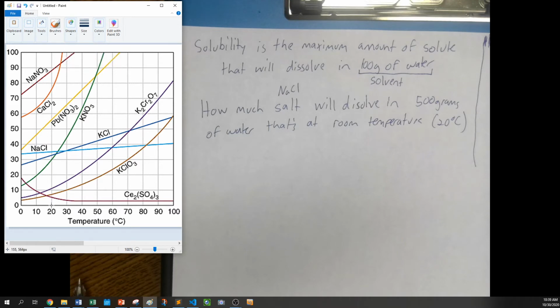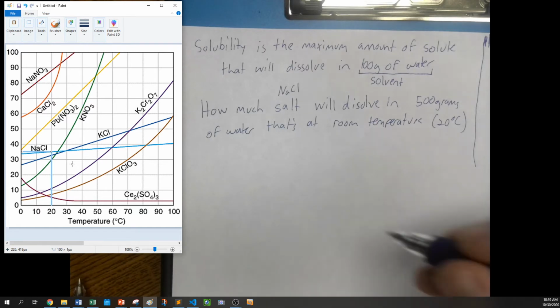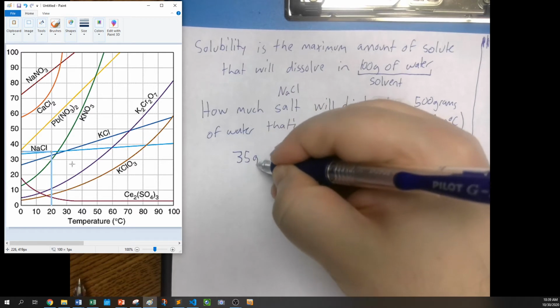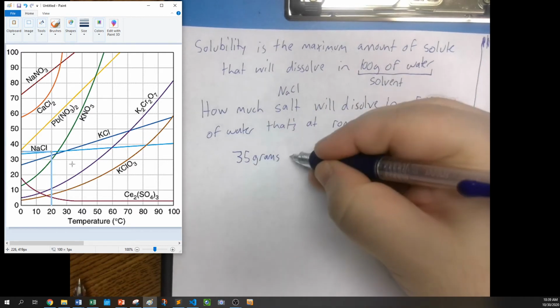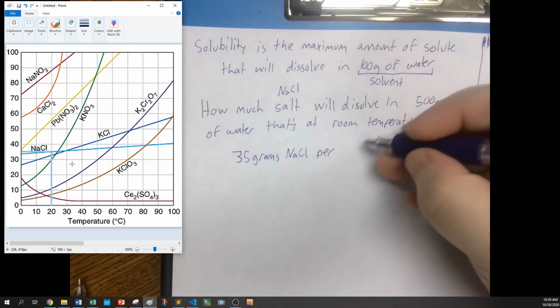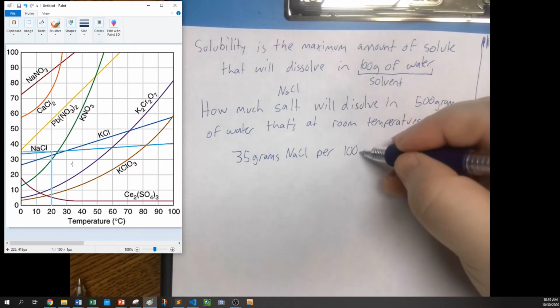So it's 20 degrees, and over, what is that, about 35? So we know that 35 grams sodium chloride per 100 grams water.